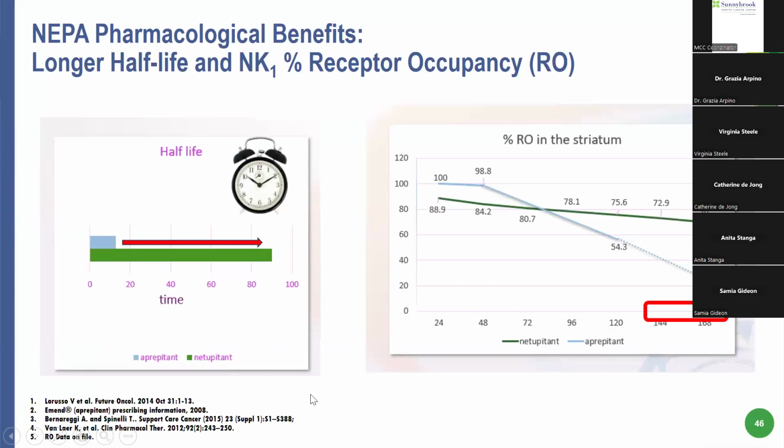There are 2 factors about NEPA that make the drug very suitable for these compounds. The first one is a longer half-life compared to the other antiemetic drugs. That means it stays longer in the blood and may work longer, and it may prevent delayed nausea. The other is the percentage of saturation of NK1 receptors, which is higher compared to the other antiemetic drugs, offering a higher potency antiemetic effect.